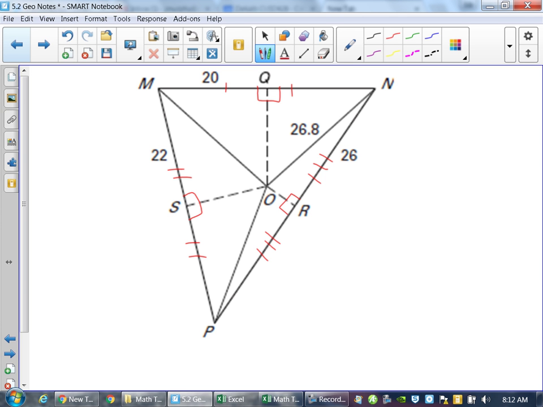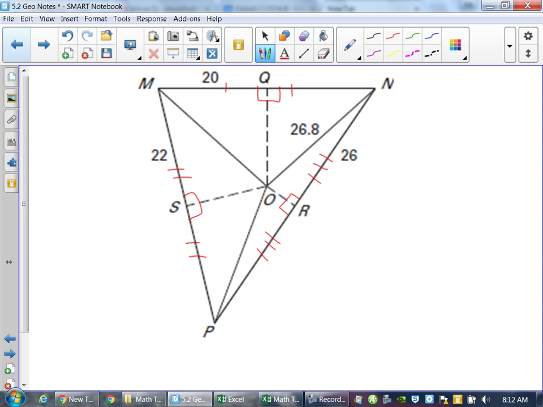Now, Whiskey pointed this out a second ago when he was walking around. Whiskey, what did you notice? MO would be 26.8 and PO would be 26.8, because it's the same as NO. They're all coming from the same point, what's called the circumcenter.